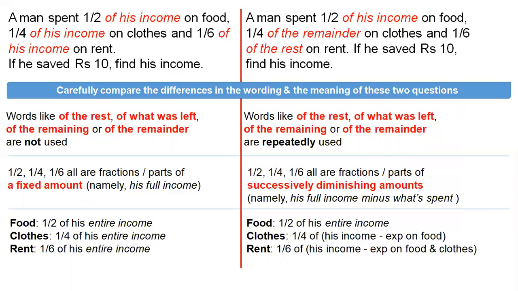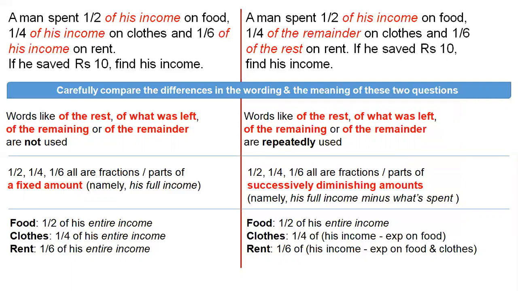On the left side, words like of the rest, of the remaining, of the remainder, such words are not at all used. On the right side, we have words like of the rest, of the remaining, of the remainder. These are repeatedly used. Now on the left, 1/2, 1/4, 1/6.